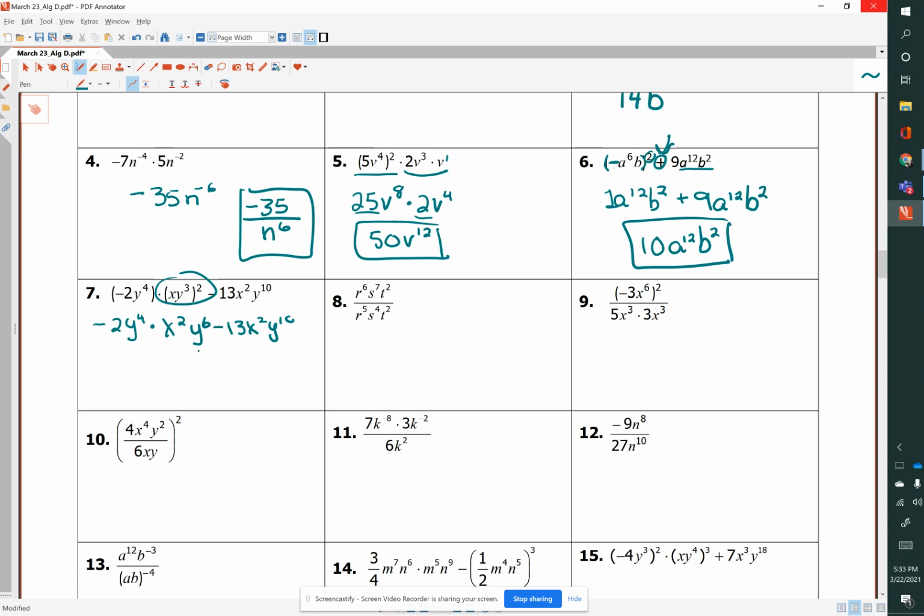So we would have negative 15 x squared. We have 1 here, 1 x squared there. No, that would actually be negative 14 x squared, because we have 1 x squared and 1 y to the 6. So that's going to be negative 15, negative 14 x squared, y to the 10th.